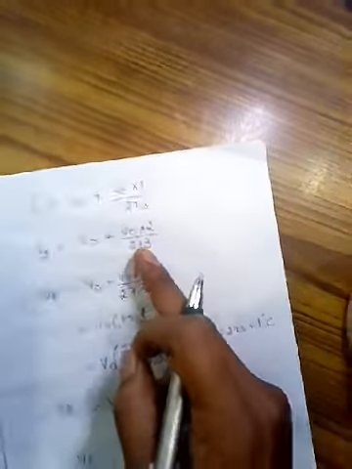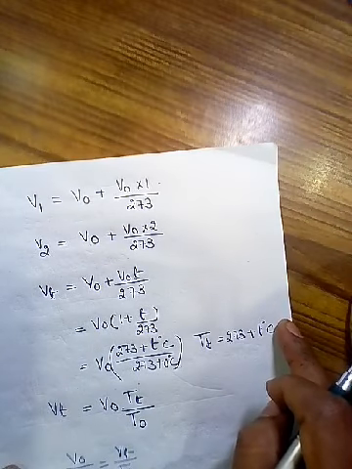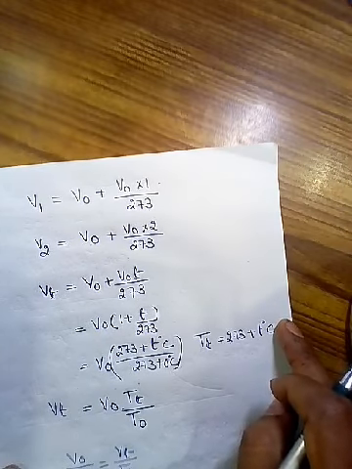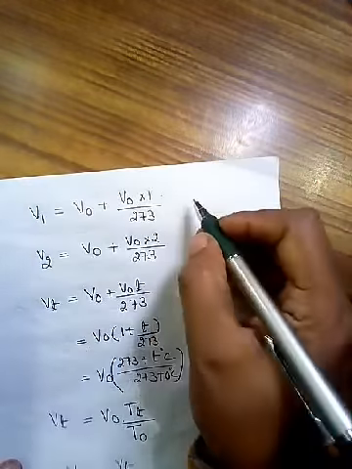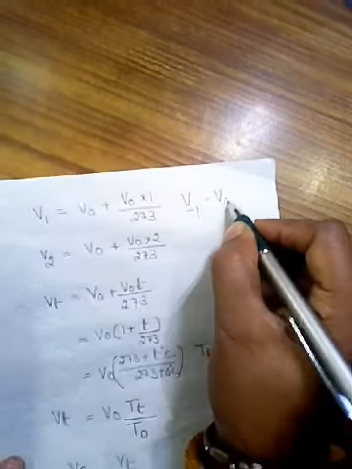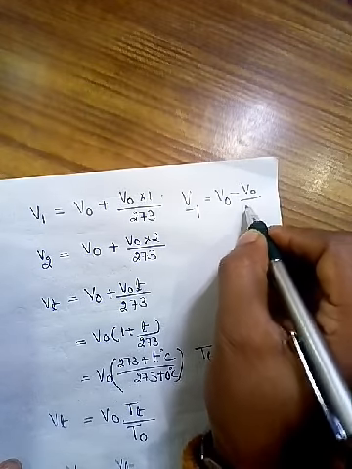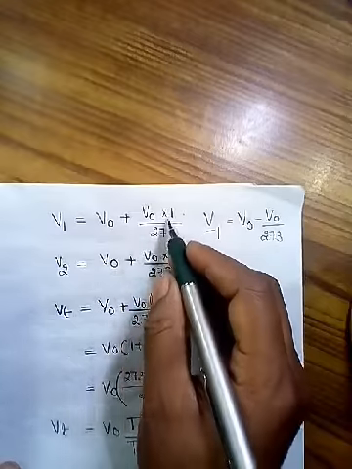Similarly, as we have derived all this for the increase in temperature, for decrease in temperature it will be V minus 1 equal to V0 minus V0 by 273, because minus 1.